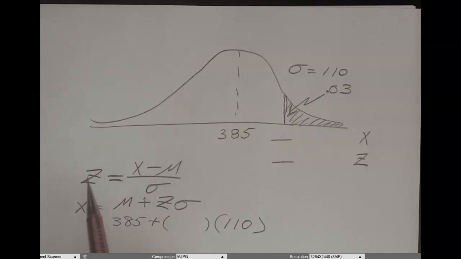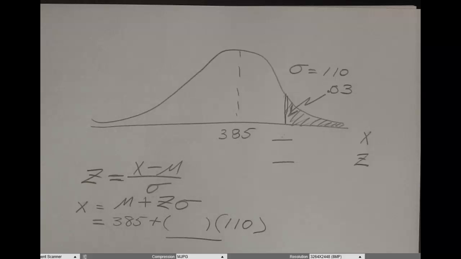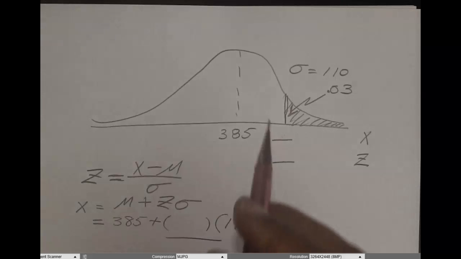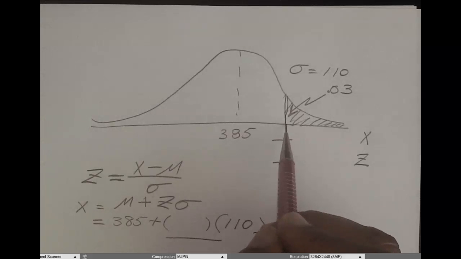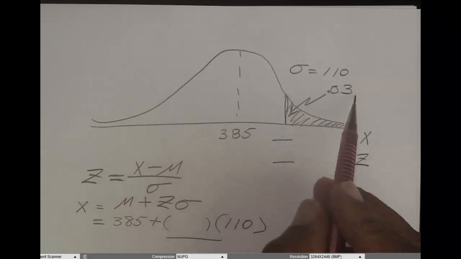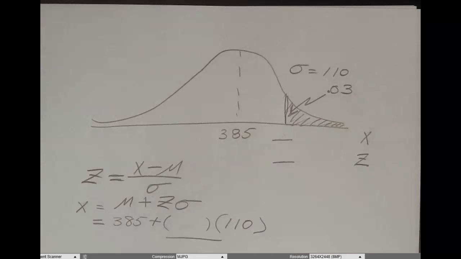So using the concept that z is equal to x minus mu over sigma for a standard normal distribution, where we're looking at the entire population, we solve for x. X is mu plus z times sigma. So our challenge is simply to determine what is the z value that corresponds to an area under the curve of 0.03 above that z value.